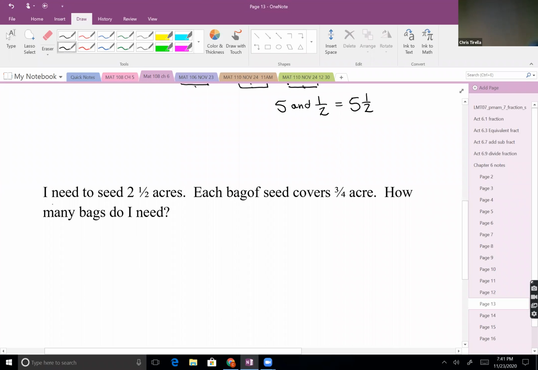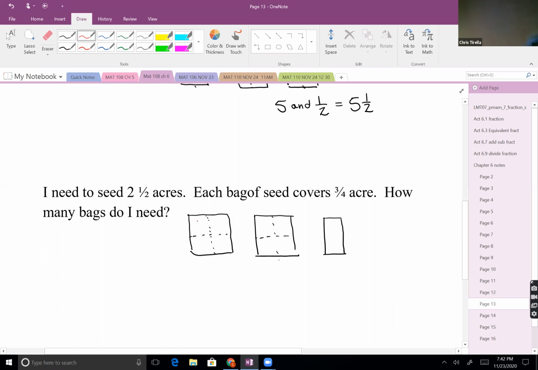Likewise, with that same type of spatial model, I could say that I have 2 1/2 acres. So this would be 1, this would be 2. And then I'd have a half. And I want to seed it, but I know that each bag of seed covers 3/4 of an acre.